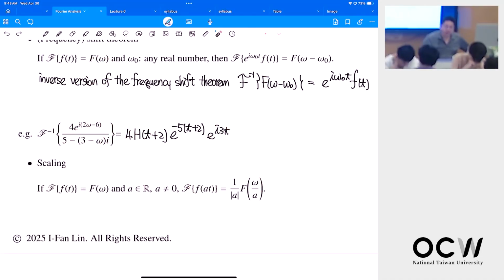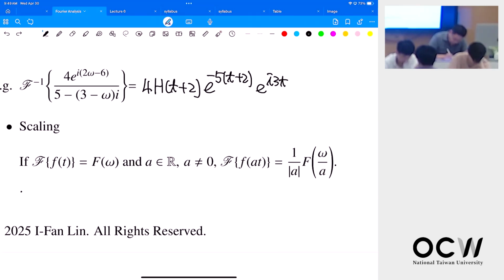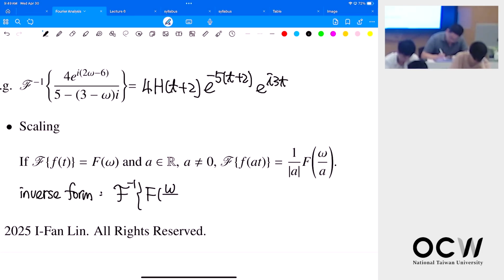So overall, the area will be the same. So the energy is still the same. So the inverse form: if I divide by a in frequency domain, that means in time domain I multiply this scalar back.